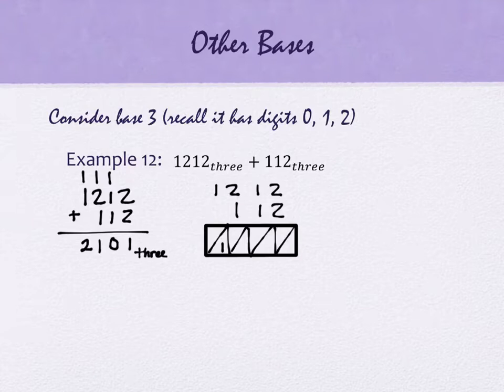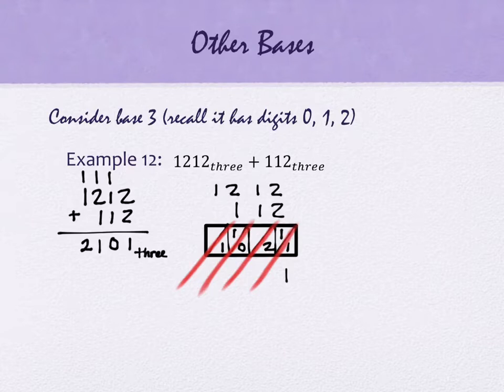That's fine. 2 plus 1 is 3, which is 1 three and 0 ones. 1 plus 1 is 2. And 2 plus 2 is 4, which is 1 three with 1 left over. It's the individual pieces. And then I extend my diagonals, and I have to now work from the bottom right-hand corner. Well, that's a 1.